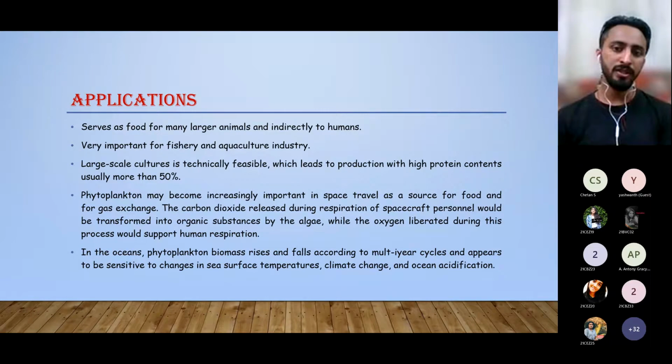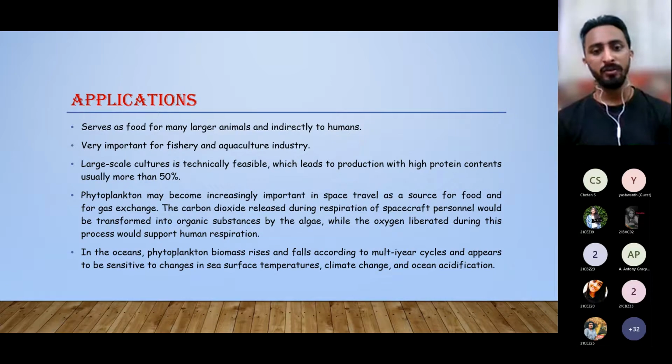Now, going to space requires oxygen for the astronauts to sustain, and they are trying to use phytoplankton for this. Firstly, because the protein content is higher, so they can use it as food, and secondly, using them for gas exchange, since phytoplankton are plant-like, they release oxygen and that can be used by astronauts in their ships.